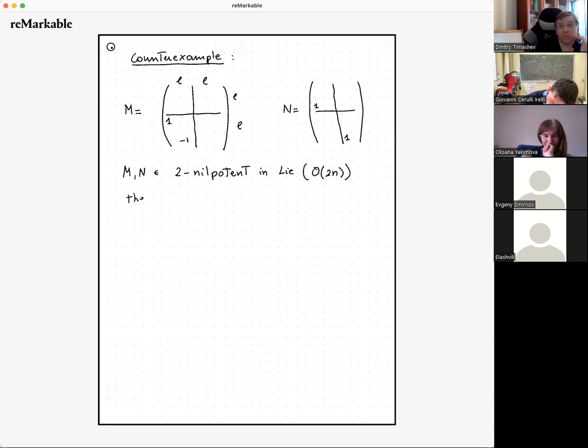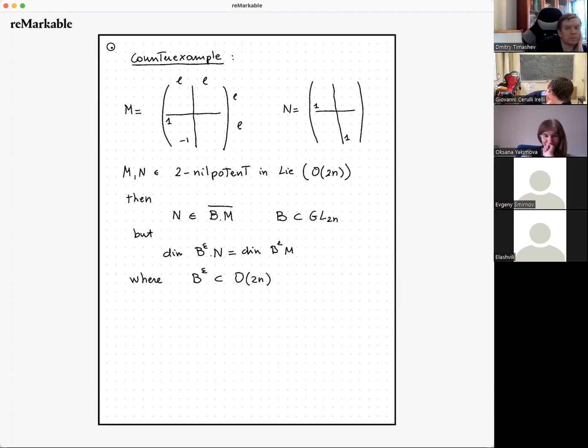Then N belongs to the orbit closure of M under B, where B is the Borel group of GL2n, but the dimension of B epsilon N is equal to the dimension of B epsilon M, where B epsilon is the Borel subgroup of the orthogonal group.